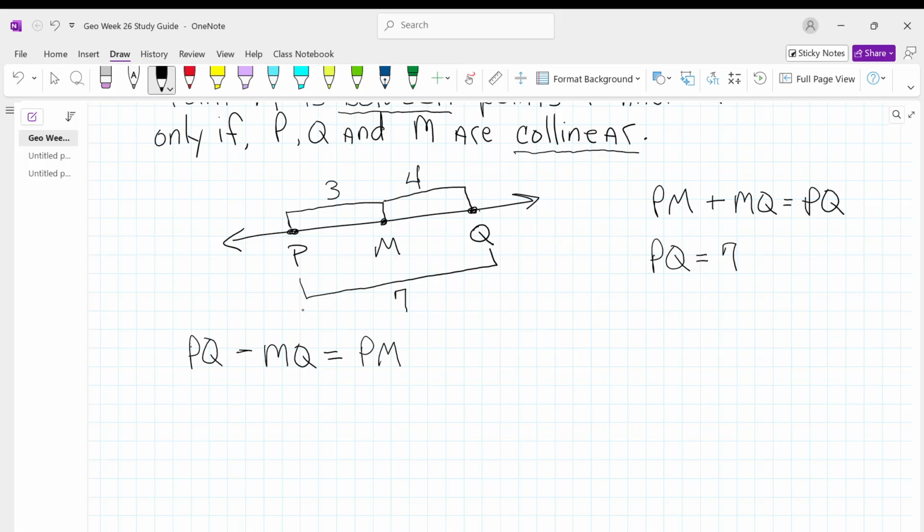And if we know the distance from P to Q, and we subtract the distance from P to M, what is that going to be equal to? M to Q, very good.